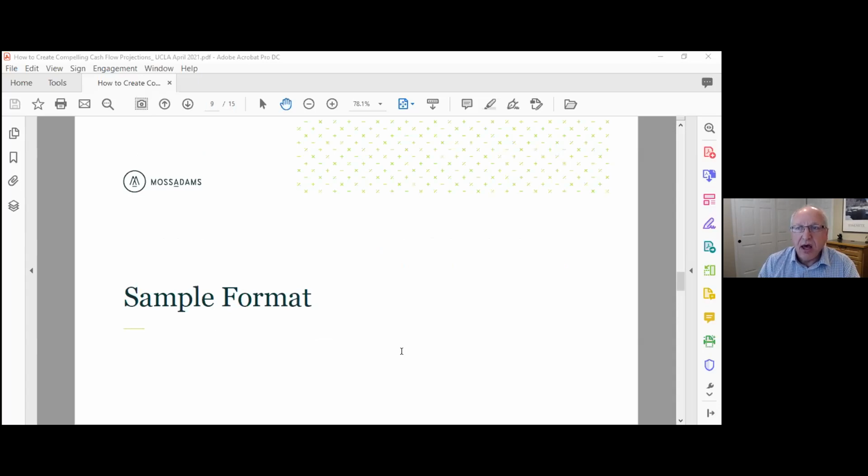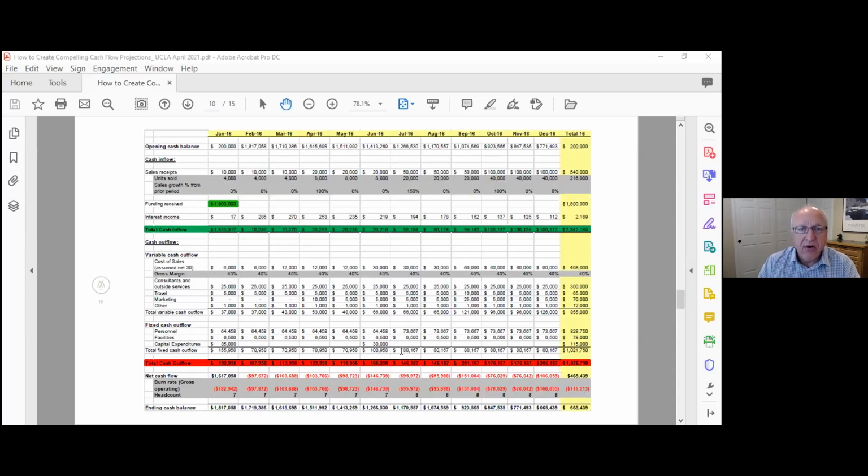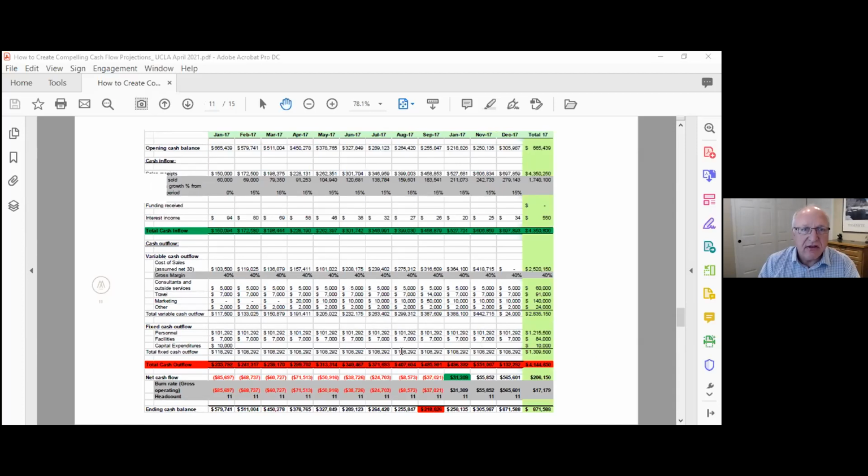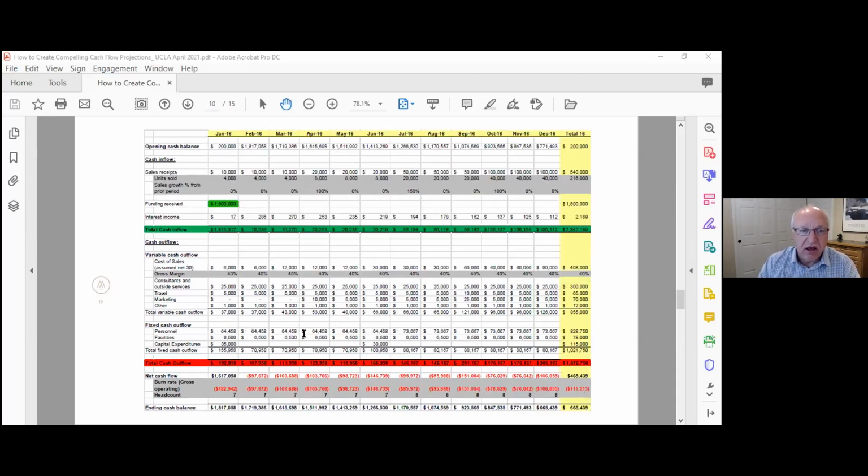So here I've got a 2-page cash flow forecast. There's the year 2016, and 2017. So that's it.